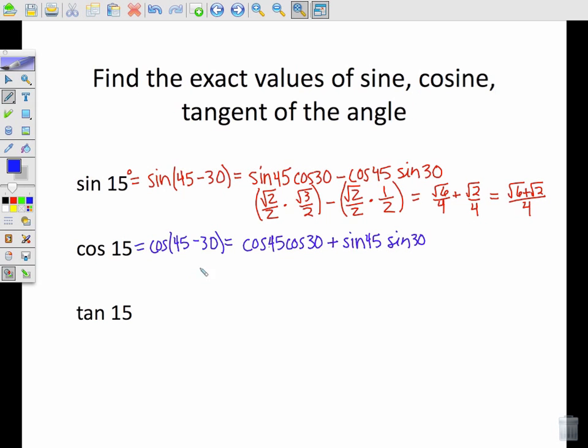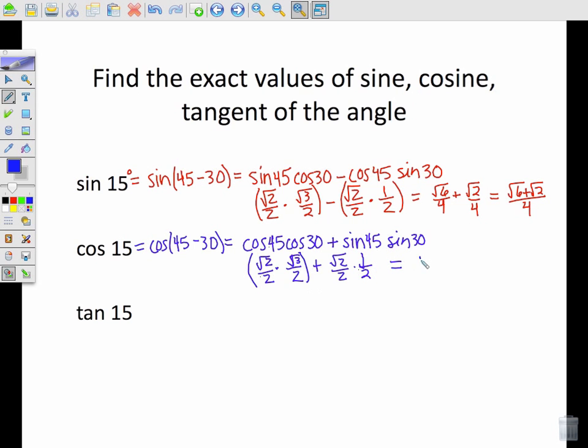All right, this gives us, let's see, root 2 over 2 times, cosine 30 was root 3 over 2. Sine 30 here would be 1/2.